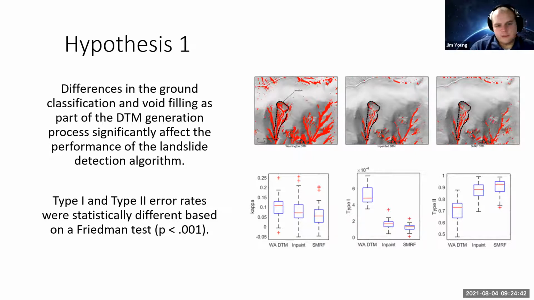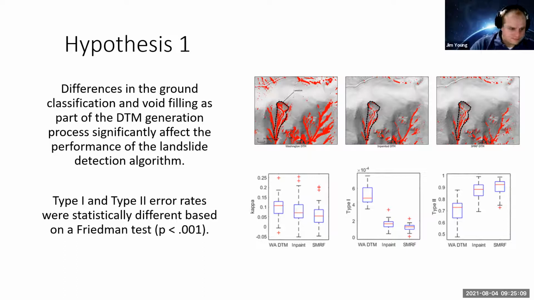But if you look at type 1 and type 2, there is a downward trend for type 1, which is the false positive rate, and a positive trend for type 2, which is the false negative rate. So it shows that the inpainted and SMRF DTMs were better when it comes to not making mistakes.